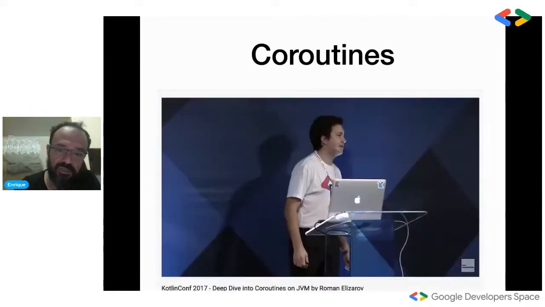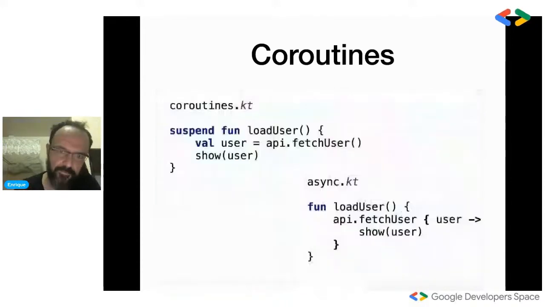If you're more interested in the technical details of this continuation object, you'll be able to find it on Google: Kotlin 2017, Coroutines on the JVM by Roman Elizarov, goes very, very deep technically. I'll not go that deep. I want to stay more at the Android high level, but essentially you can imagine the continuation object tries to execute the blocking call, and when it's ready, calls resume internally.